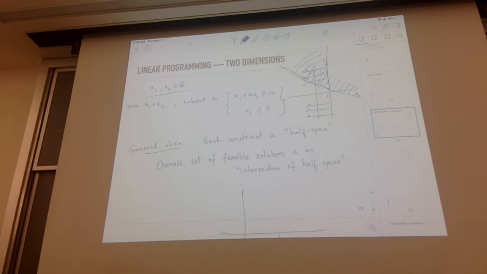So you could ask yourself, maybe this is the point that has the least value of x1 plus x2. But intuitively, how would you argue why that is? Because I'm solving these two inequalities. Right, but it could be that the minimum is minus infinity.